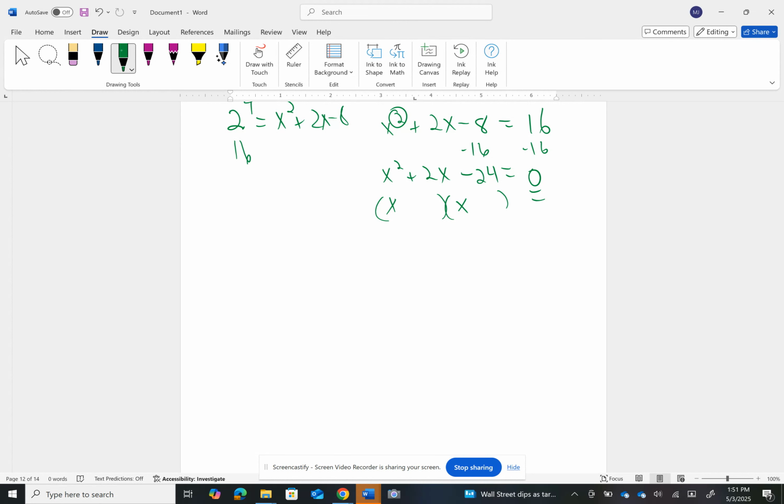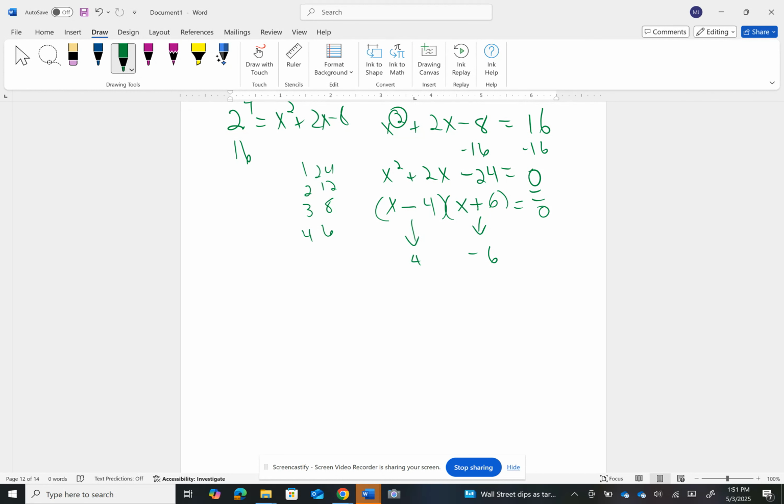So let's see, I'm trying to make 2 happen in the middle. So 1 and 24, 2 and 12, 3 and 8, 4 and 6. 4 and 6 would be the best bet. The 6 would need to be positive to make the middle term positive 2. And so now I can set each factor equal to 0 and get those two solutions.